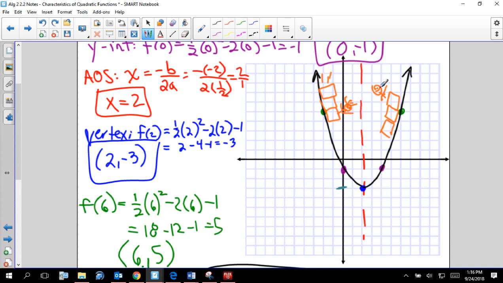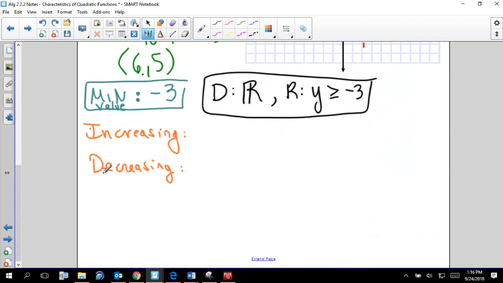To the right of, and then when we say to the right of, we're going to say the right of the axis of symmetry. But you're not going to write axis of symmetry. You're going to write to the right of, and then you write x equals 2. So you're saying to the right of that line, the graph is going up.